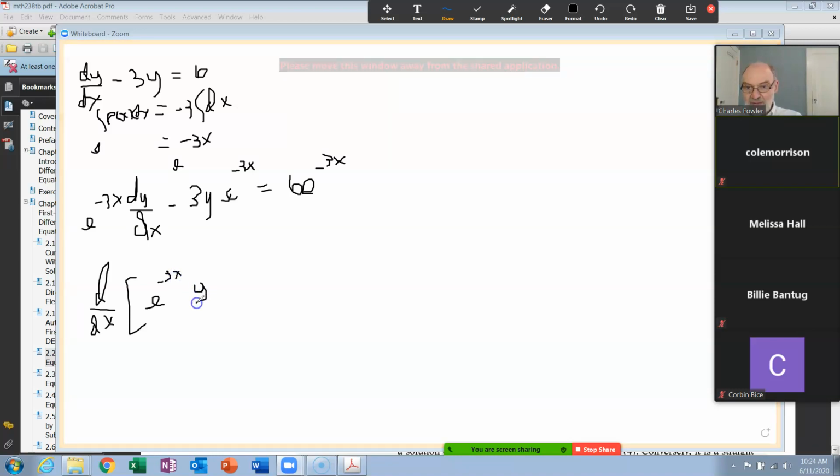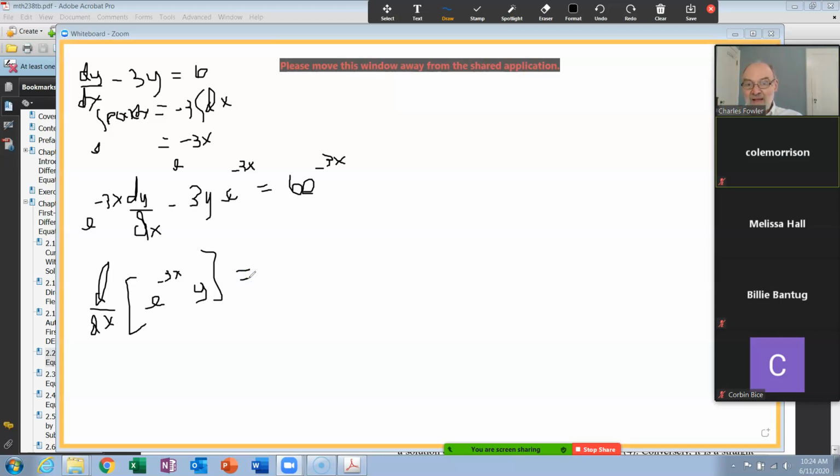That's what it should be. I always verify it to make sure I haven't done some stupid mistake like I did last time, okay? That's why I verify it. And this side just becomes 6e to the minus 3x. I don't know why it's writing even though I didn't press down on it, but we'll manage.